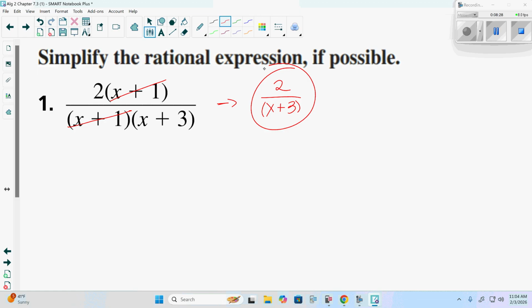I wanted us to see the fact that we can break it apart because they're being multiplied, not added or subtracted. That we can get x plus 1 over x plus 1. They will reduce to 1, simplify out. Since we know that, we can cross them out because of multiplication, giving us 2 over x plus 3. Questions on this here?